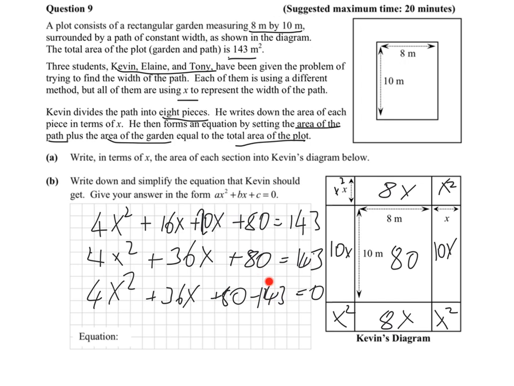Now we're just going to add these to get our final equation. If we add 80 to minus 143, we get minus 63. And now we have our end equation because we can't simplify that anymore. So we end up with 4x squared plus 36x minus 63 equals 0.